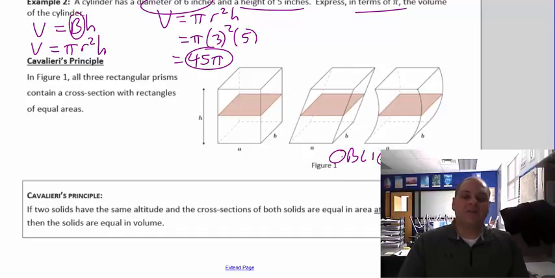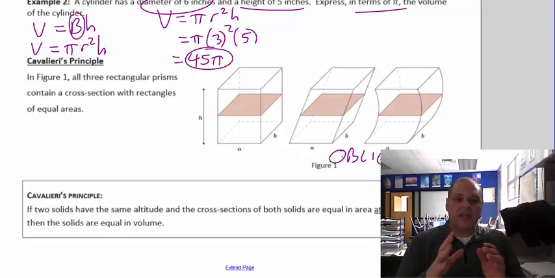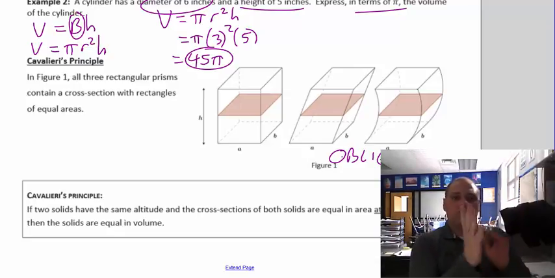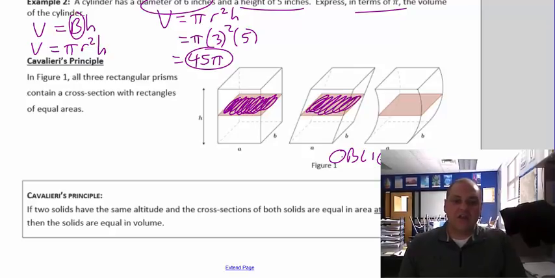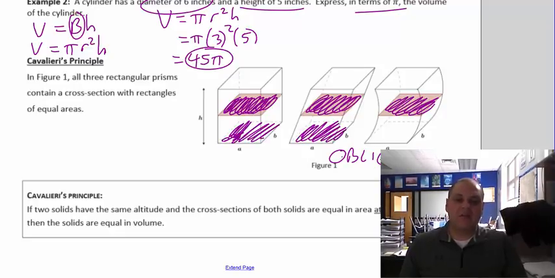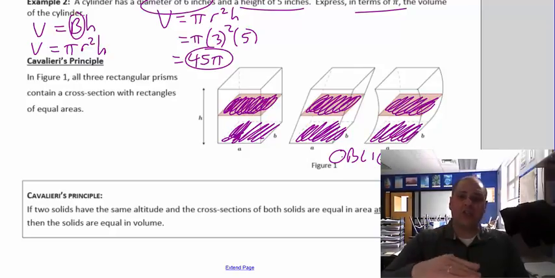But the point is, based on Cavaliere's principle, it doesn't matter if it's oblique or right or curved or whatever, as long as that cross section has the same area as the base, the two-dimensional base, and every cross section you can possibly make. So I could slice this forever.